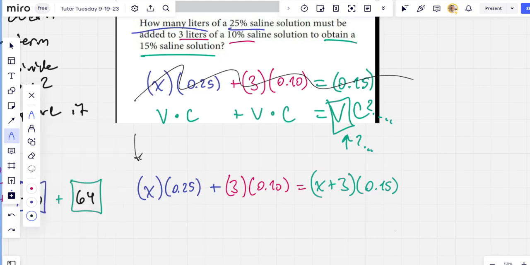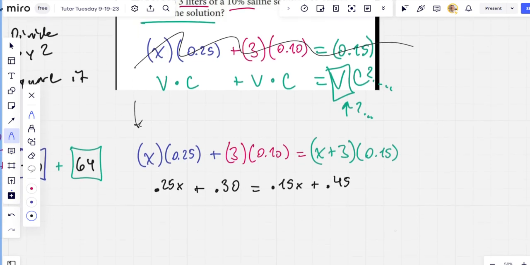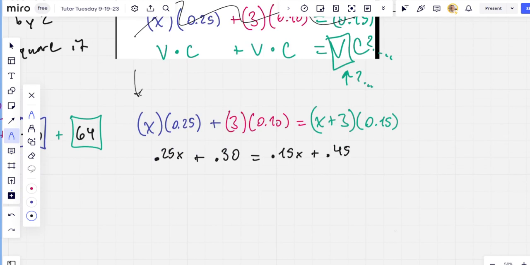I'm going to do everything in the same color now. It's going to be 0.25x plus 0.30 equals 0.15x plus 0.45. You can subtract on both sides the 0.15x. You can subtract the 0.30. You'll get 0.10x is equal to 0.15.